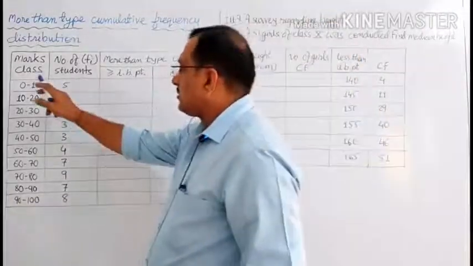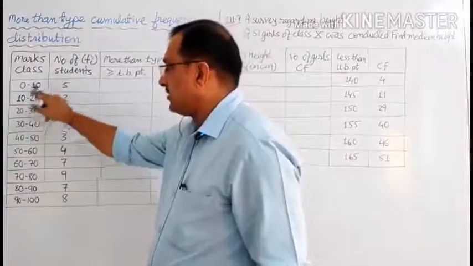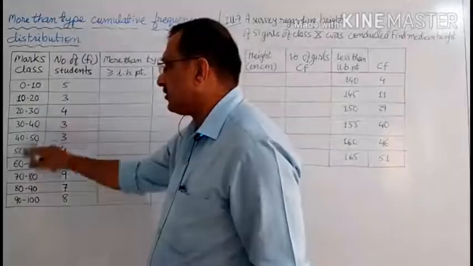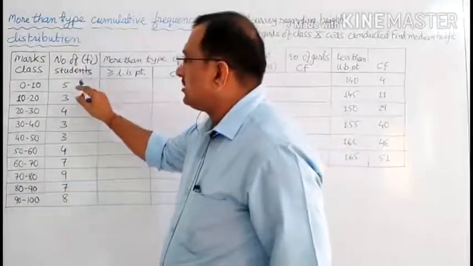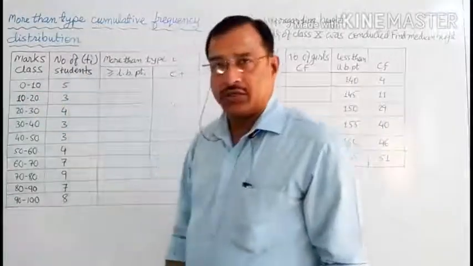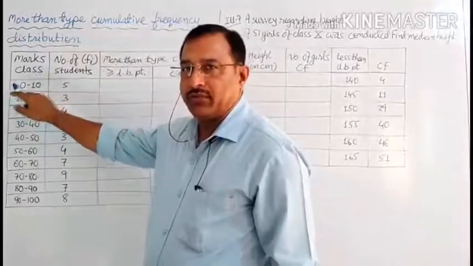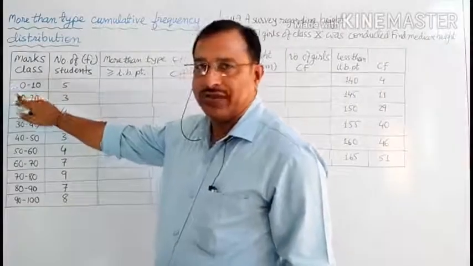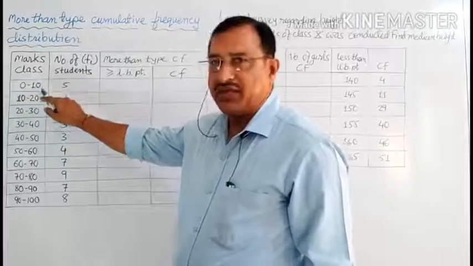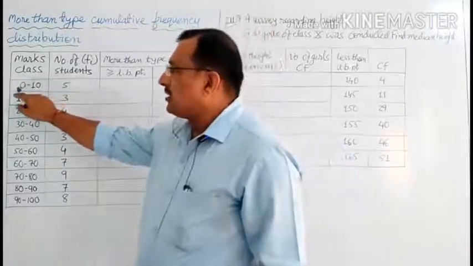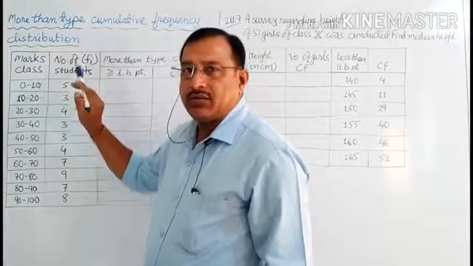median. Here marks are given, with classes 0 to 10, 10 to 20, 20 to 30 and so on. Here the number of students having scored marks in this class range is given, that is 5 students having scored marks 0 to 10, that means 0 marks or more than that, greater than or equal to the lower boundary point but less than the upper boundary point.